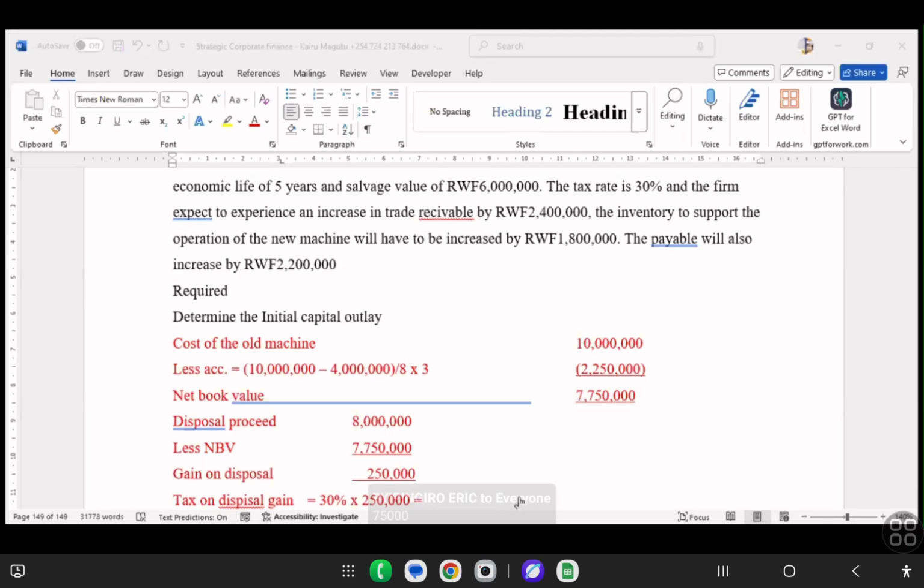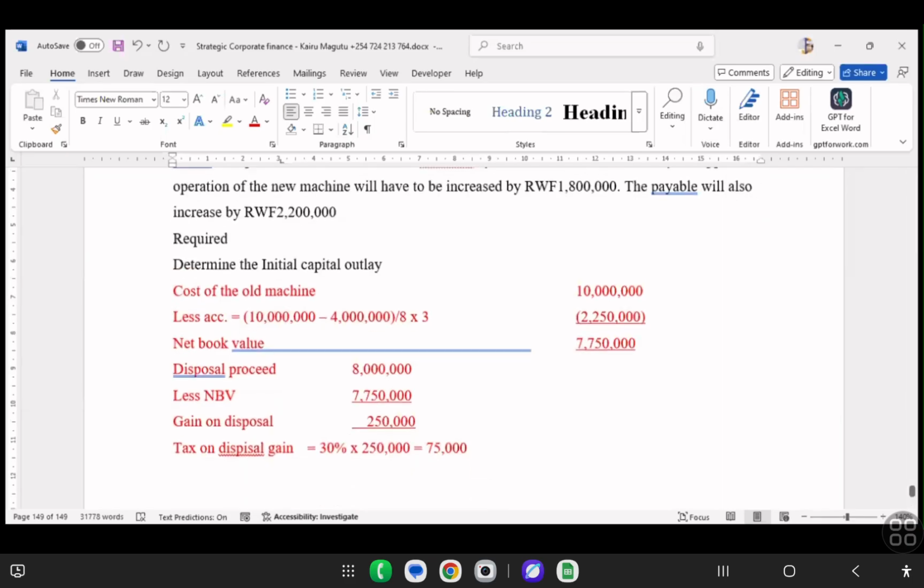How much is that? I hope that gain is correct. If it is correct, how much is the tax on disposal gain? Someone is saying 75,000. Is that correct? 75,000. I believe that is what you have.